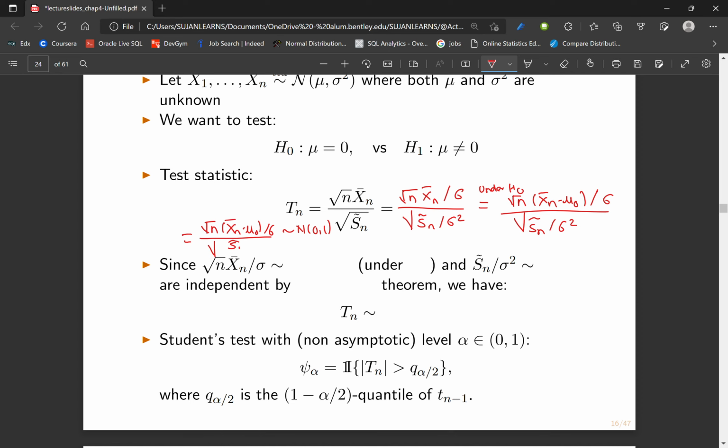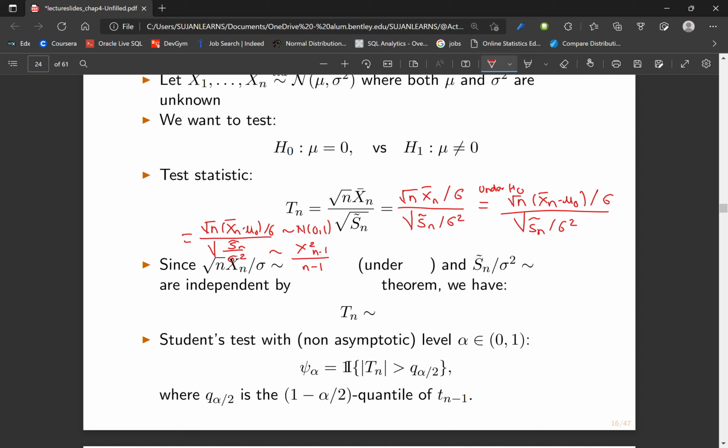This is not exactly a chi-square, but it is something close to chi-square n minus 1 divided by n minus 1. That's the distribution of the denominator.